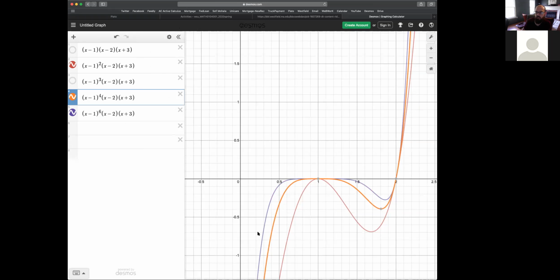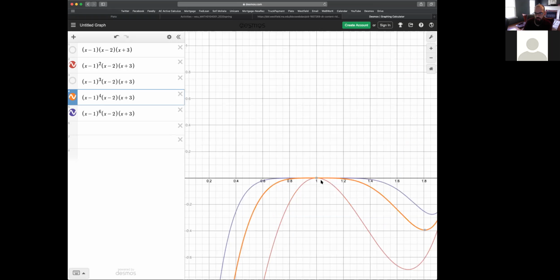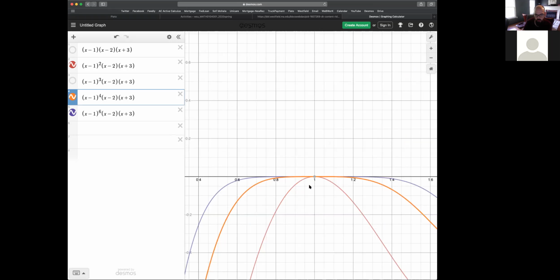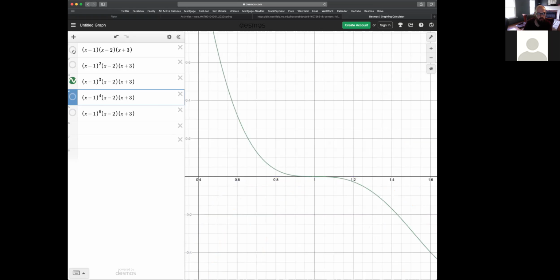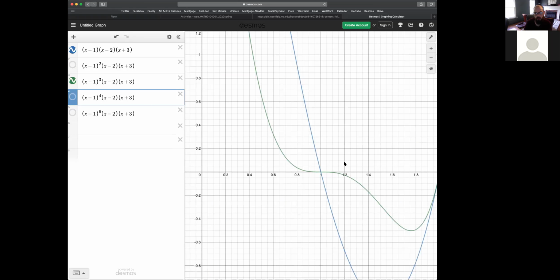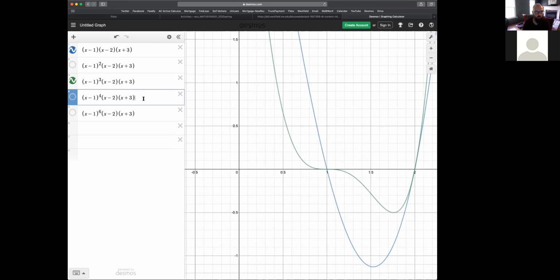To me, when I'm looking at this, it seems like they all stay on the same side, right? So it's like they come up to this point and then they bounce off and then they come back down. Right. So if I think about just locally here at 1, they never cross. There's nothing up here. But if I switch it off, so I just look at the odd ones, it seems like what we're doing is we're crossing, right?